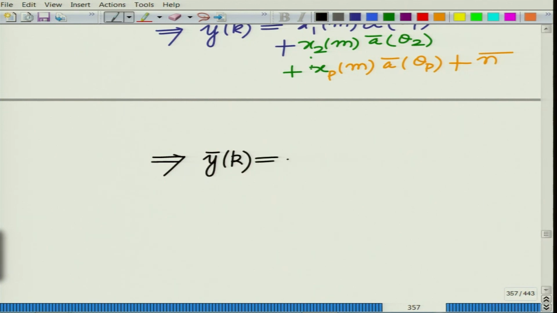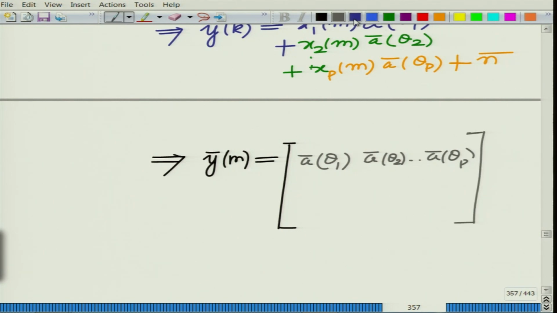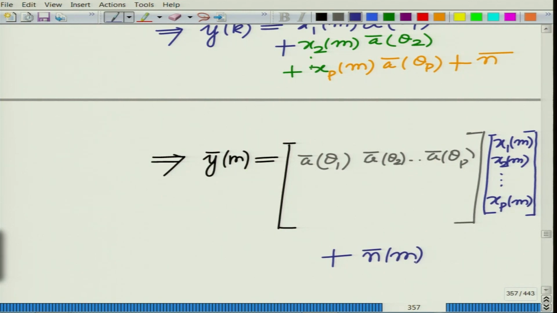I can now write this using the matrix notation, y bar of m equals the matrix with columns a bar theta 1, a bar theta 2, so on up to a bar theta p, times x1 of m, x2 of m, up to xp of m, plus n bar of m.